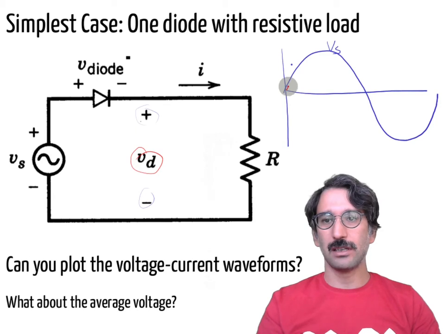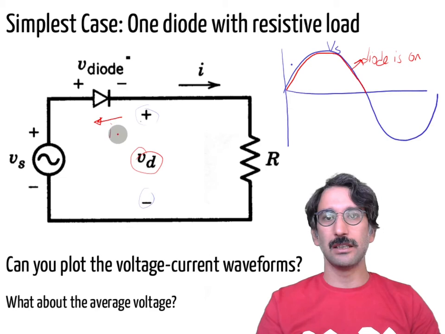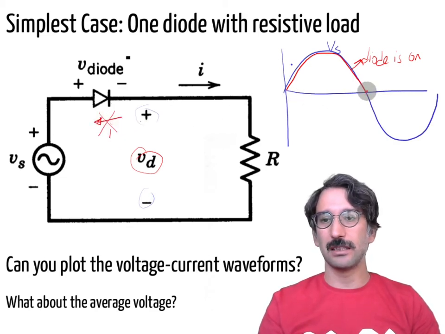Whenever my voltage is larger than 0, my diode will be on. Whenever you have negative voltage and this is a resistive load, the current would like to go in the opposite direction, but of course the diode becomes off, and assuming it's an ideal diode, the output voltage will be like that. So this will be my output voltage.